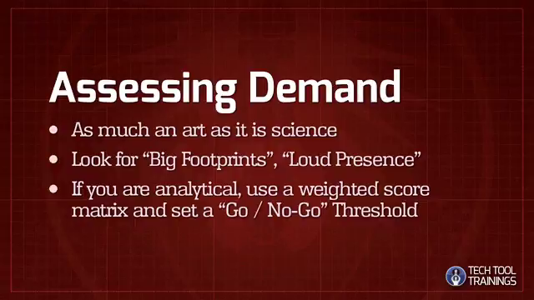And then you could say keywords, and list the keywords and how many searches they get, and rate that 1 to 5. And then just assign a value, how important each one of those things are, multiply the two together, add them all up, and if, as a percentage, it's more than 75%, then you might say green light, ready to go. You could get that analytical about it if you want.